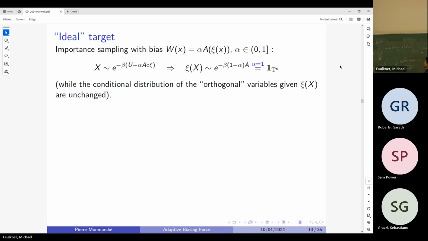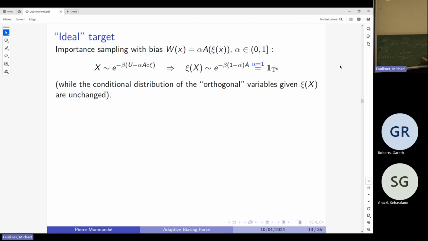You see that this is proportional to exponential of minus beta U of (y, z) for a fixed y. So for a fixed y, the conditional distribution of the other part is unchanged. It's the same as in the equilibrium.